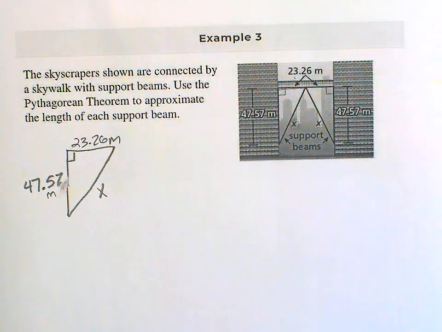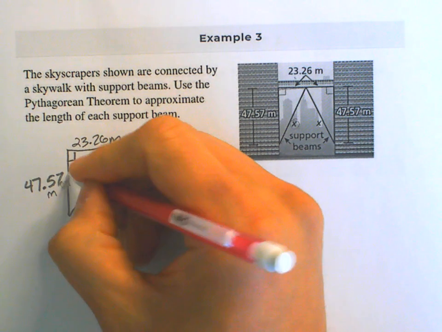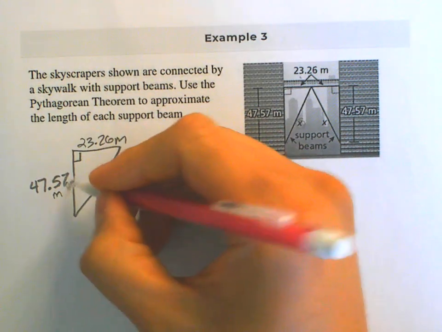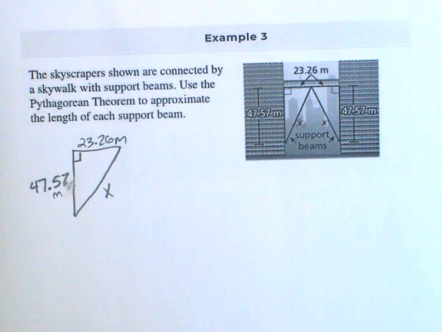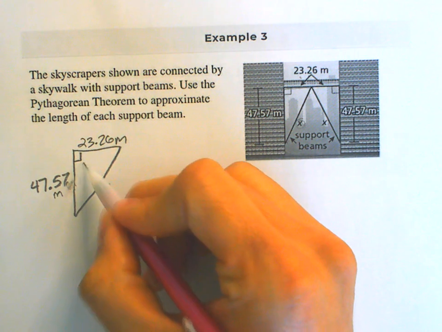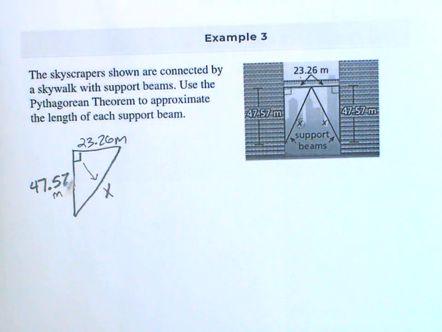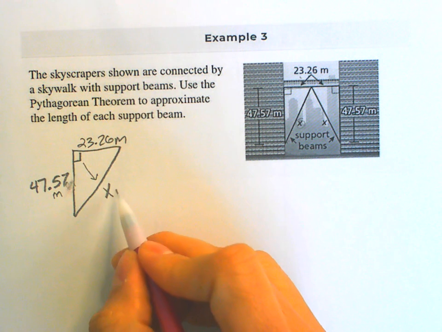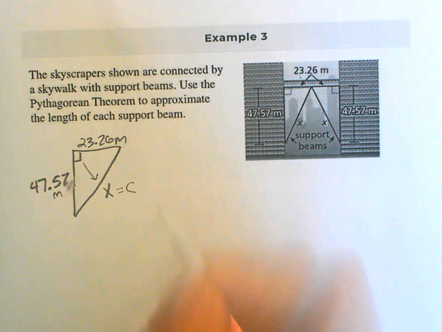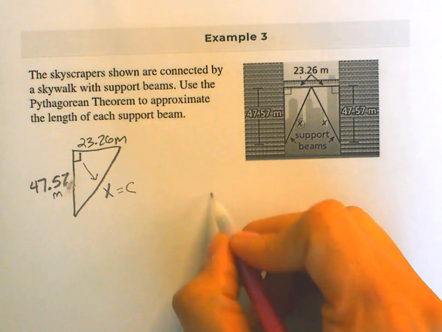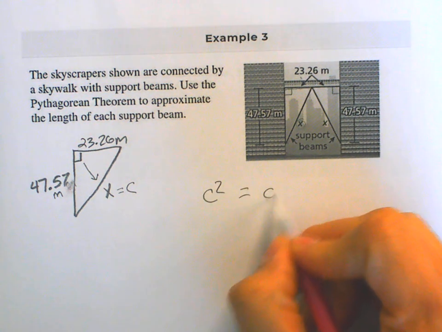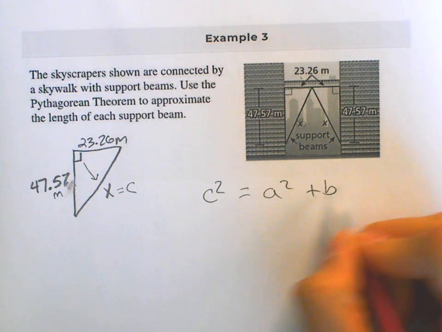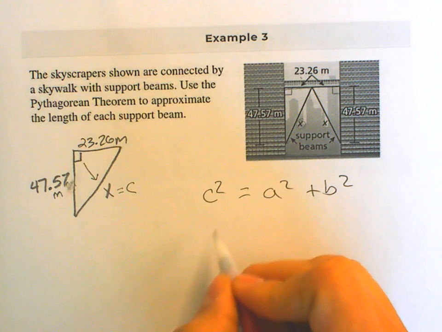For the value of x, we are going to use the Pythagorean theorem. Now remember, C is always the one right across the right angle. So in this case, C is represented by my x here. So C squared equals A squared plus B squared. C represents x.